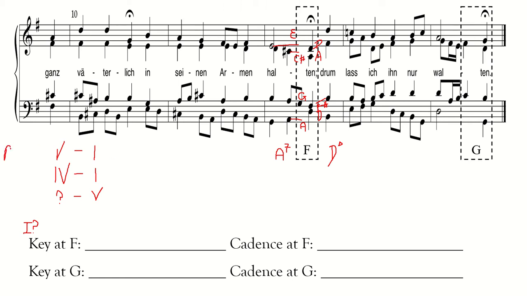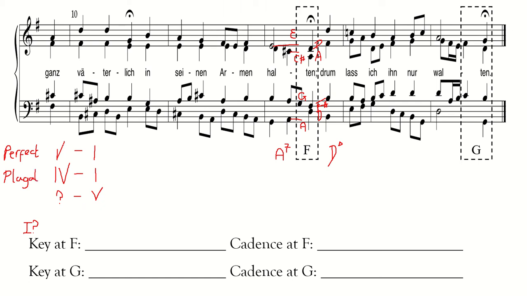We have our perfect cadence. We have our plagal cadences, which is 4 to 1. And then the odd one, which is the one that doesn't end in 1.